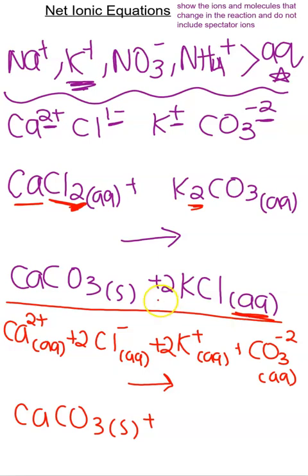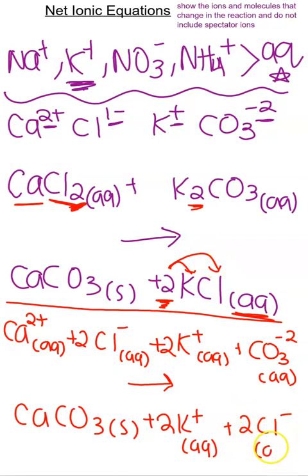Now, if you have a coefficient like we do here, coefficients carry down into ionic equations. So I'm not just going to write K plus, I'm going to put 2K plus aqueous plus, and remember the coefficient goes to both compounds, 2Cl minus aqueous. And that would be an ionic equation.